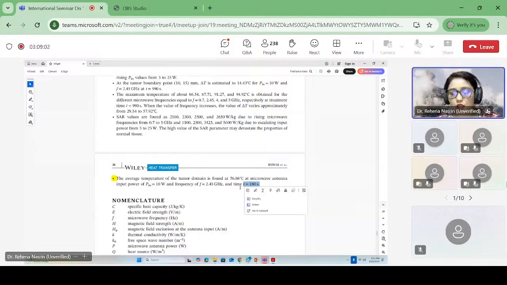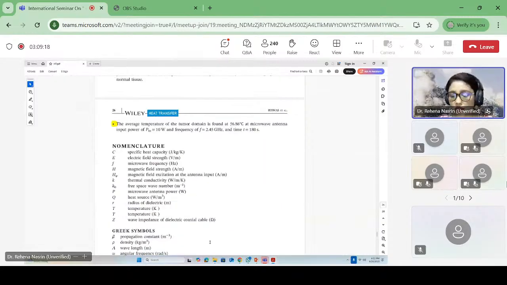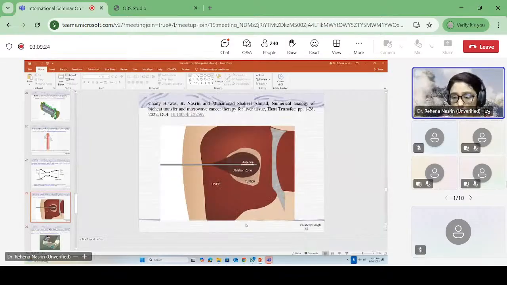So a small tumor will be ablated by this time, 180 seconds, if we consider 10 watt input power and frequency 2.45 gigahertz. Then it can be a guide for the doctor also.